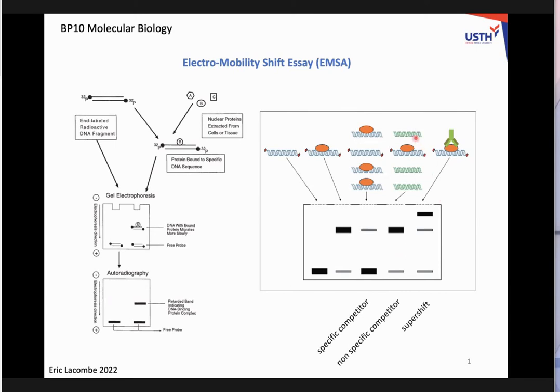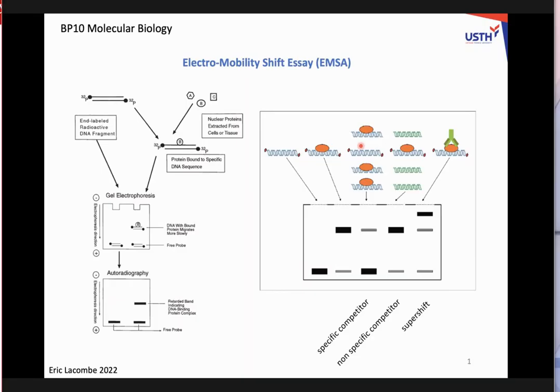After, in order to prove the specificity of the interaction, we need to confirm that with a second competition, which is a non-specific competition. So if you understood the specific competition, you will very easily understand the non-specific competition. Basically, we are doing exactly the same, except one thing.